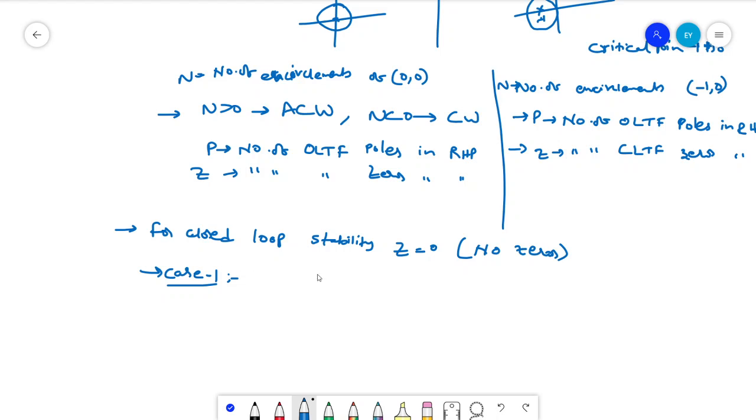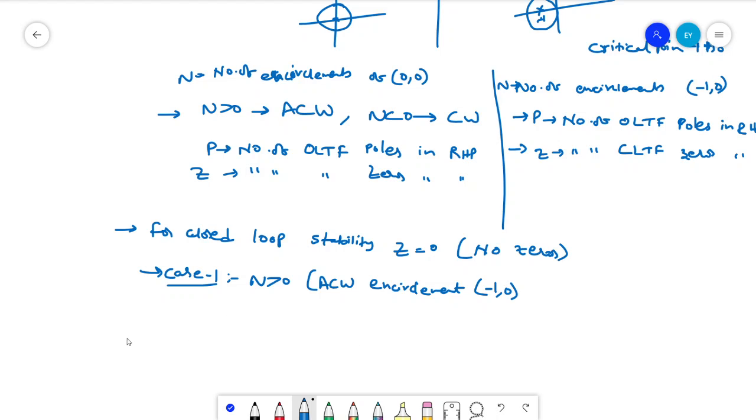if n is greater than 0, we'll get the anti-clockwise direction, and the encirclement will be with respect to minus 1 comma 0.